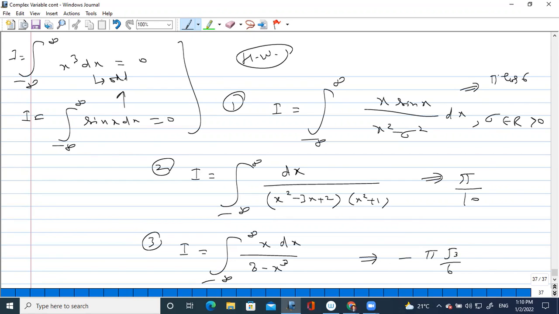Okay, so these are the answers. Note down. Sir, is the third problem 3 minus x cube or 8 minus x cube? 8 minus x cube.